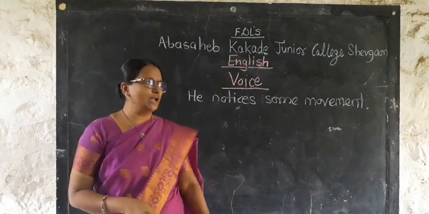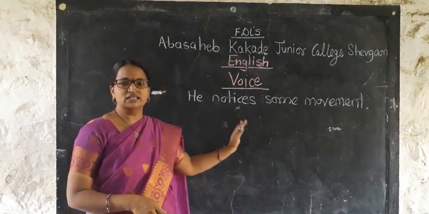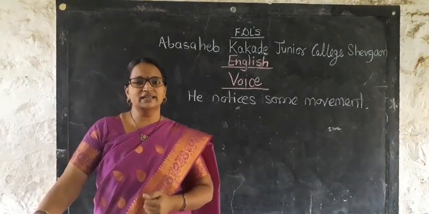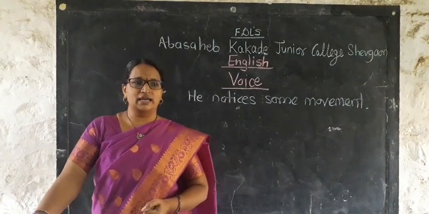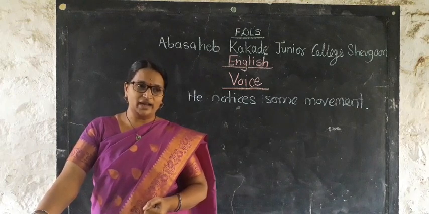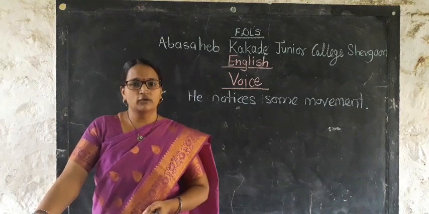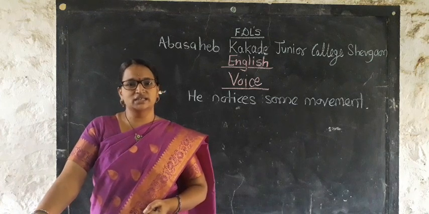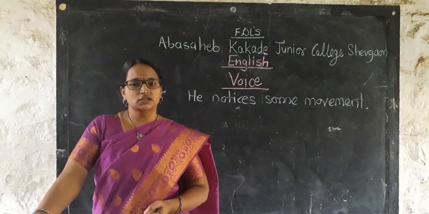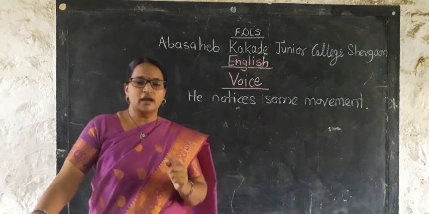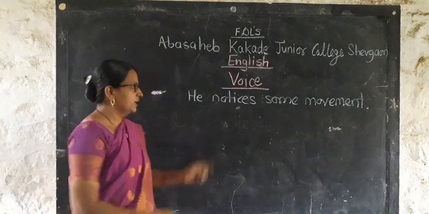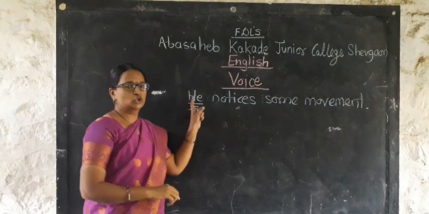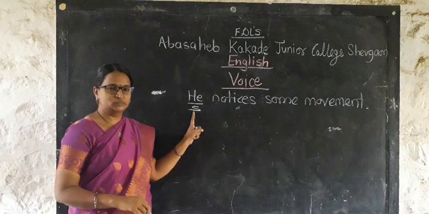So first we have to identify the tense of this sentence. To do that, we have to find the subject, then verb, and then object, because this is the structure used in English. First we find the subject. Here the subject is always at the beginning of the sentence. So he is the subject.